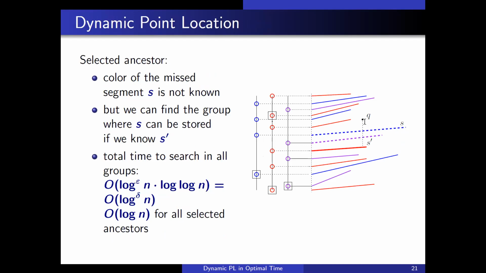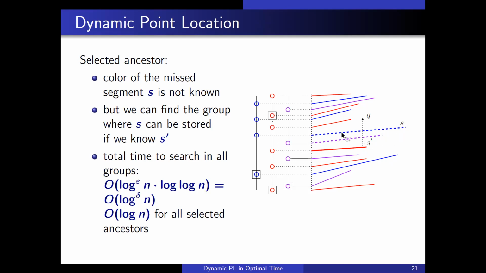So this is what will actually happen in the selected ancestor. So this is the segment S, which was missed. Probably there's another segment which was missed. And then there's a segment S prime, which was found by the query so far, which was found when we answered queries in descendants of this selected node.